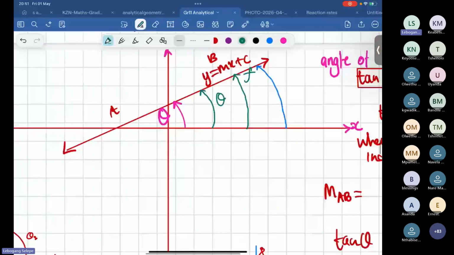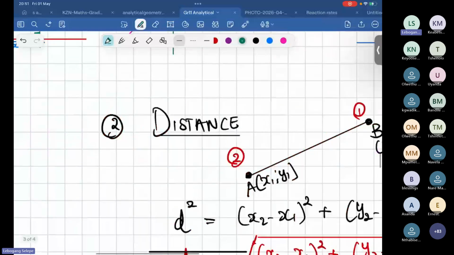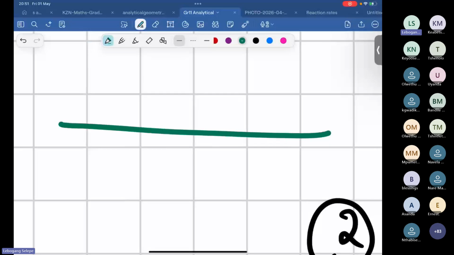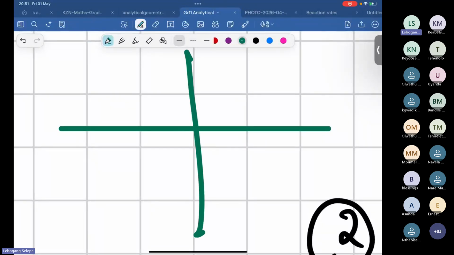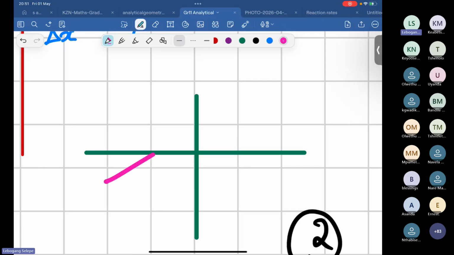So have a look at this, let me just draw other line segments. Let's say you have a Cartesian plane. We should be able to reason this out. This line segment has the angle of inclination theta, which is less than 90 degrees.